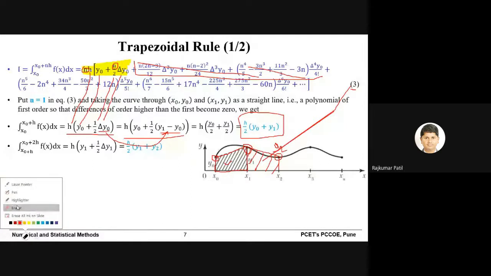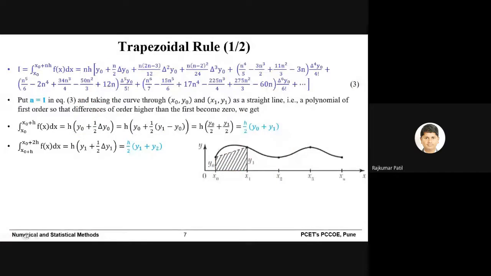Upon simplification you will get h into y1, because the starting point is y1, plus 1 by 2 del y1, because n is 1, and del y0 becomes del y1.